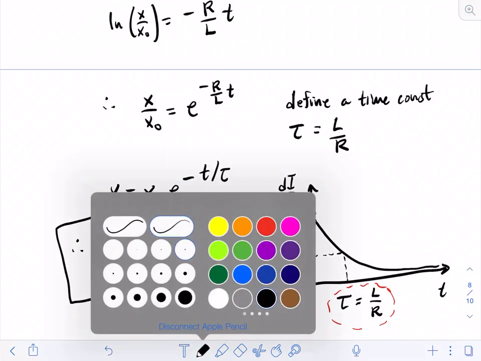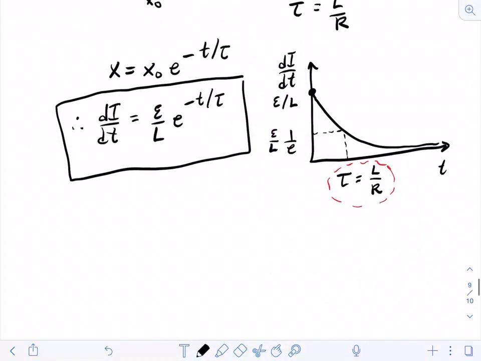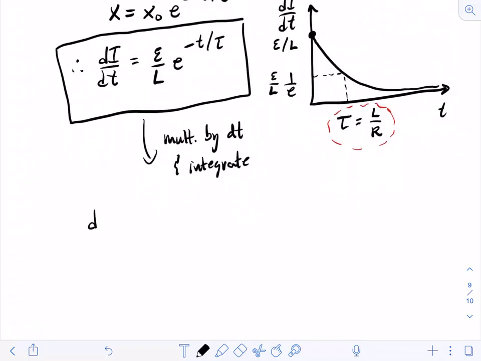Let's go a bit further and see if we can analyze this further. So to go further, we're going to multiply by dt and integrate. So we get di is equal to epsilon over L e to the minus t over tau, multiplied by dt, and then we're going to integrate.